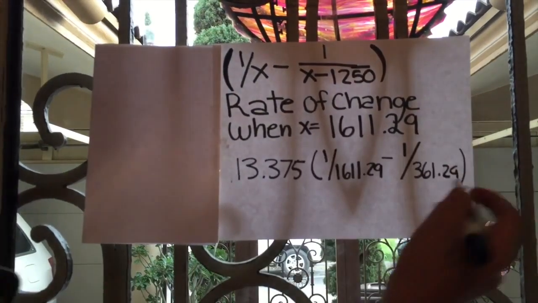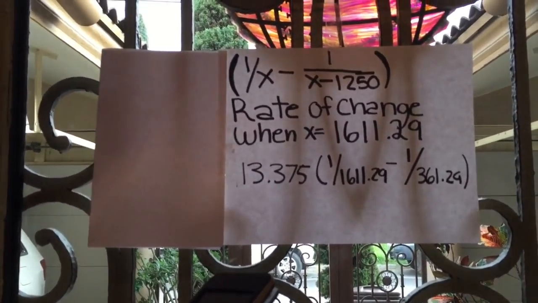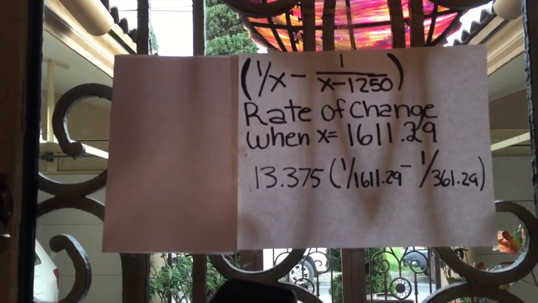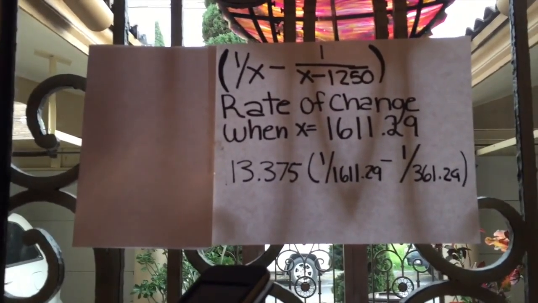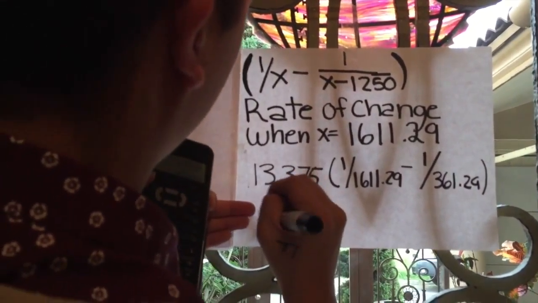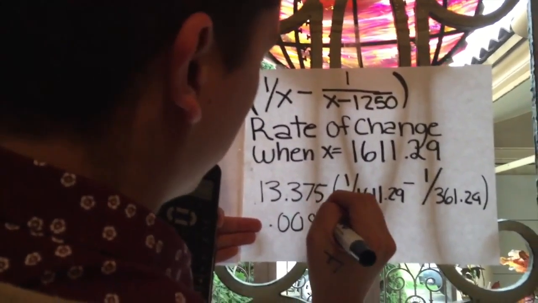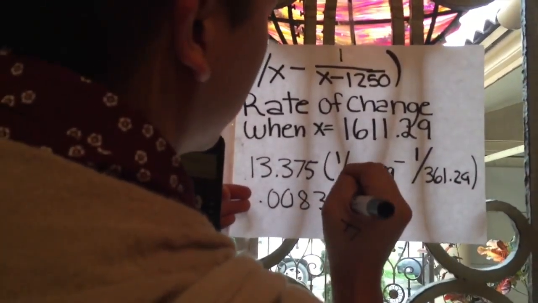Then we do FOIL. For the first one, we got 0.008301.